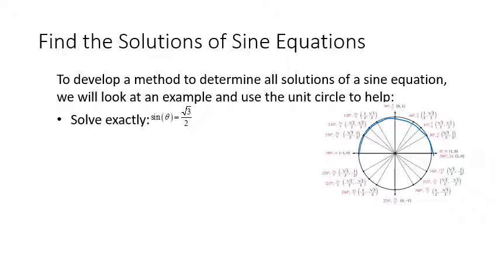So sine is root 3 over 2 at pi over 3. And then, let's write it using our right notation. So we'd say theta is pi over 3 plus 2 pi k, because all the values of that. And then we'd say it's also root 3 over 2 over here at 2 pi over 3.